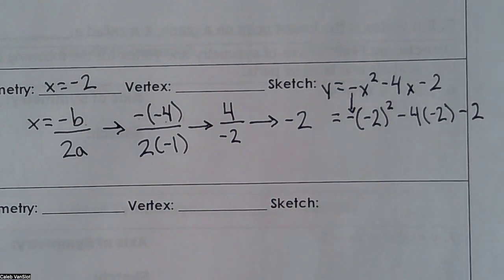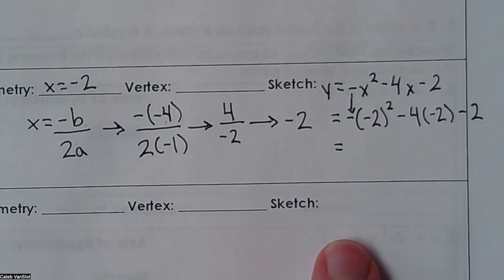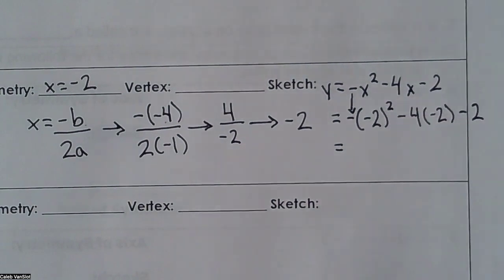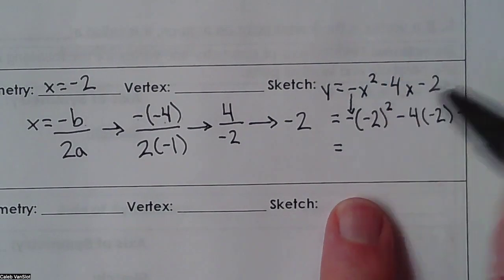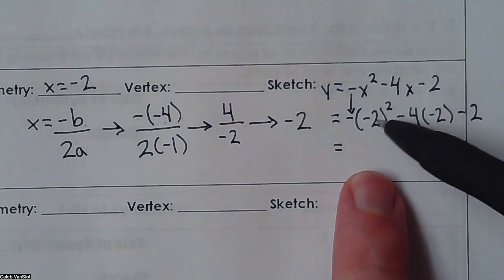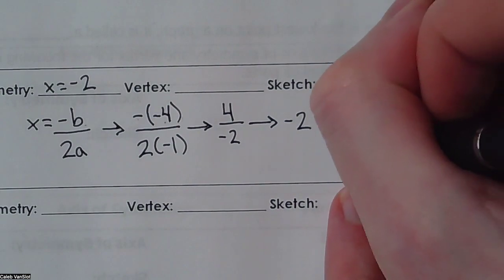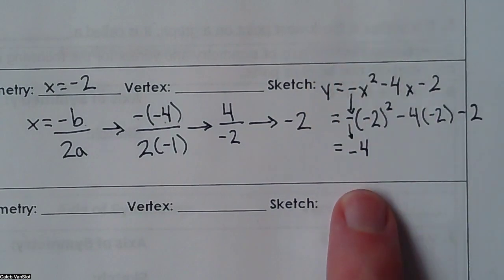And then we can just simplify and solve for our y value, okay? You guys, what's -2 squared? What does it give us? Positive, right? So -2 squared gives us a +4, but you guys, we have a negative out front as well, right? So even though this gives us +4, we need to bring down this negative on the outside. So we're going to be left with -4.